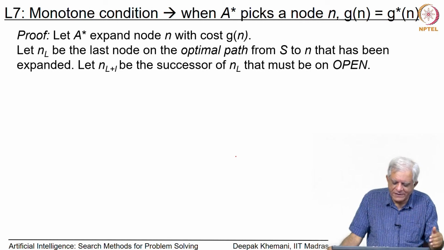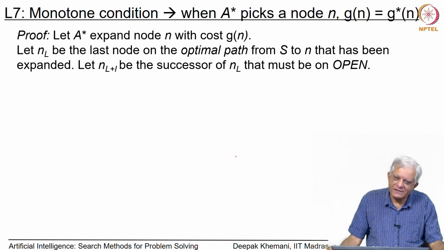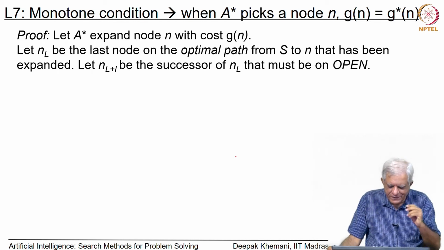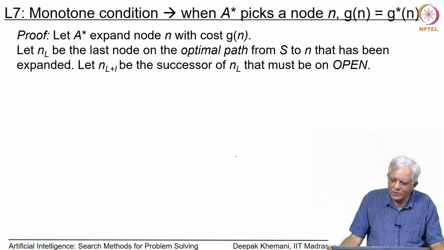Now, let the optimal path to the node n from the start contain a node n of L, the last node, where L stands for the last node on the optimal path from S to n that has been expanded by A star. So, there is some node which has been picked by A star, and let its successor be n of L plus 1, and that successor must therefore be on open essentially.